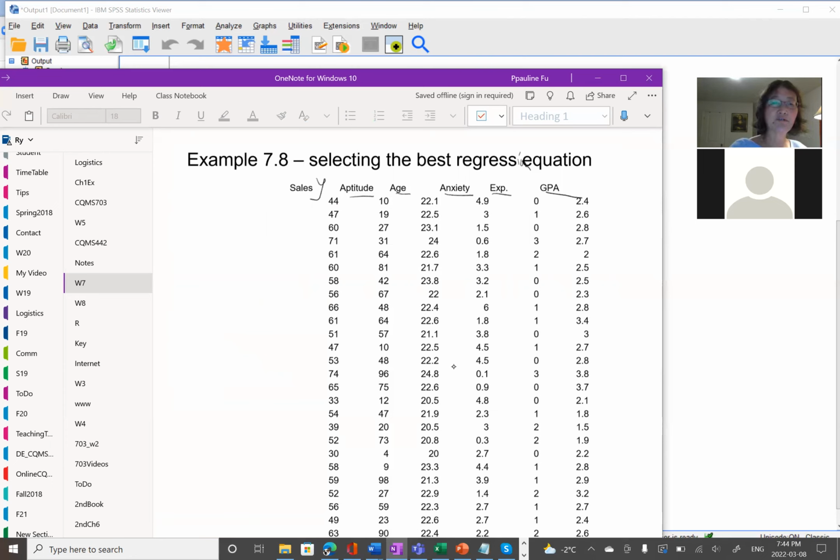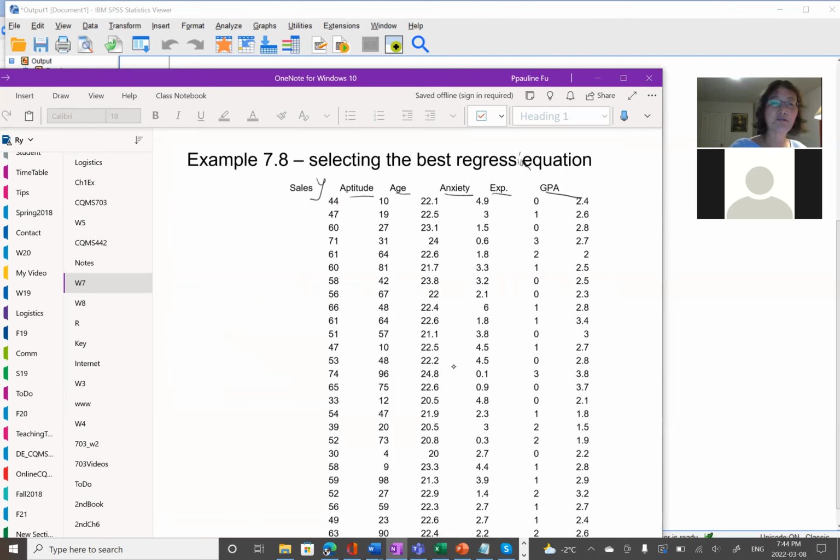Because we have many X, let's say X1, X2, X3, X4, X5. Okay, we have many X. We want to select the best regression equation, and we can use SPSS to do it, to select the best regression equation. Okay.